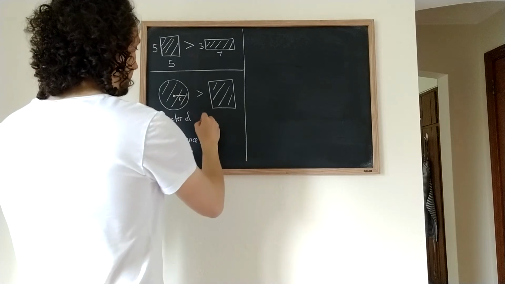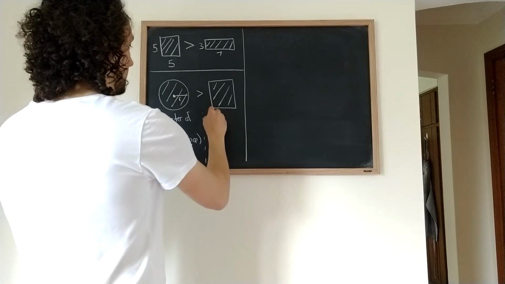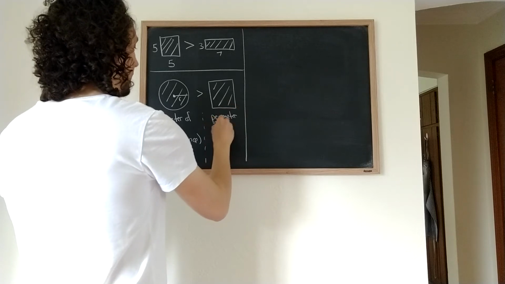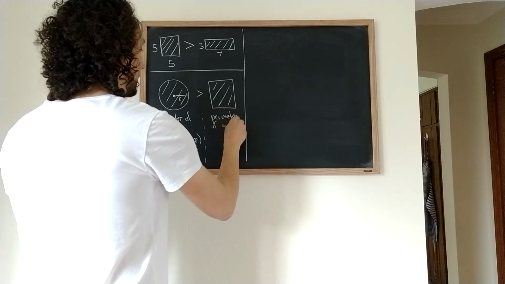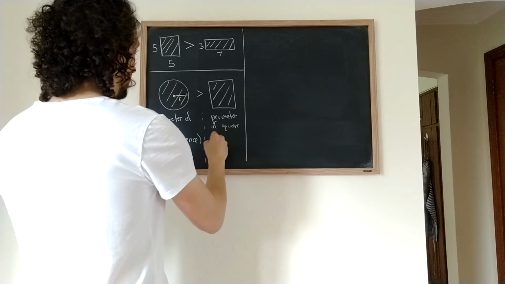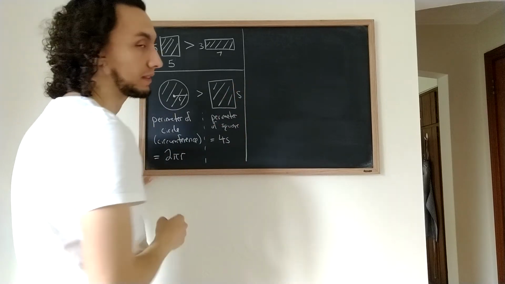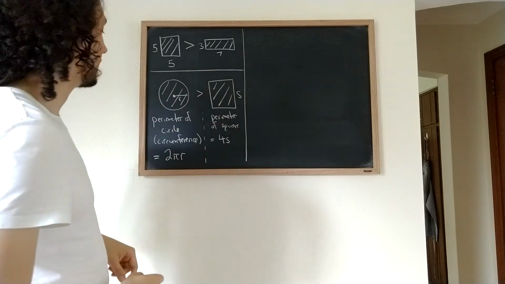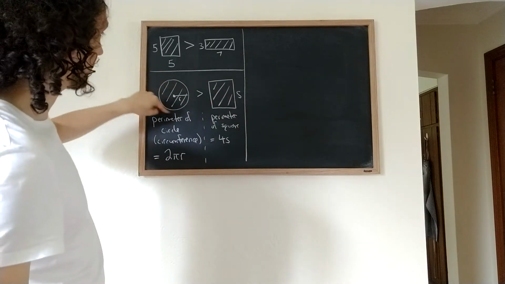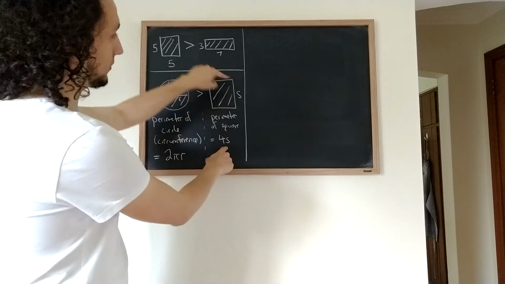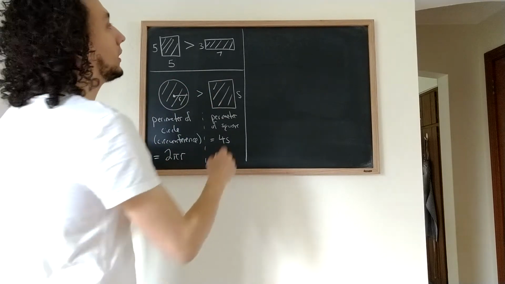And meanwhile, the perimeter of a square is of course equal to 4s, where s is the side length of the square, 1, 2, 3, 4. So we have a formula for the perimeter of a circle, or just the circumference of a circle, same thing, and a formula for the perimeter of a square.